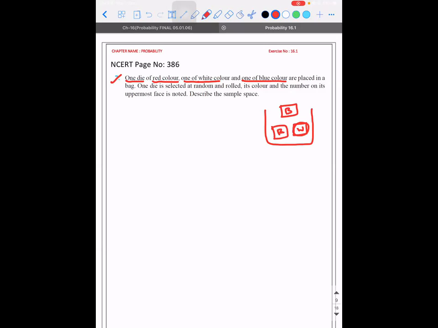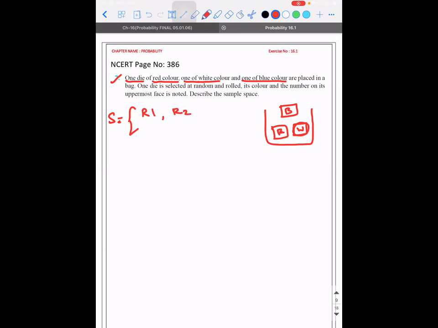So what is the experiment all about? First, a die is selected from the bag and it is rolled. What is the note they are making? They are noting down the color and the number on its uppermost face. What will be the sample space? Suppose he is getting a red color, then he takes out the red die and rolls it.